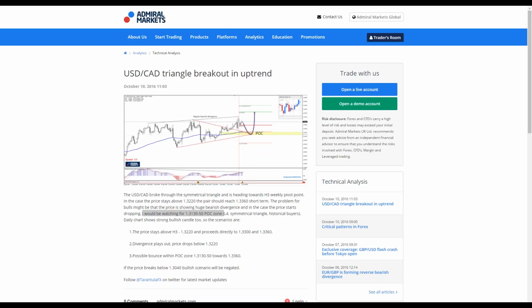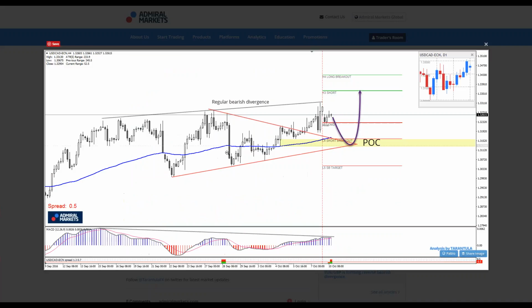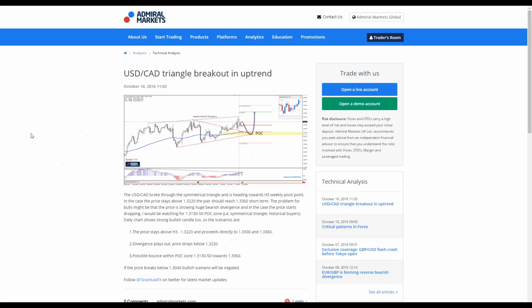So you could have made a good amount of pips on this analysis. First, we had the 32.20 breakout because of this divergence, and it went below this point. And then it went to POC and was rejecting. And here it was. This was it.